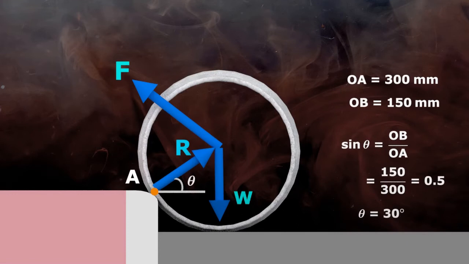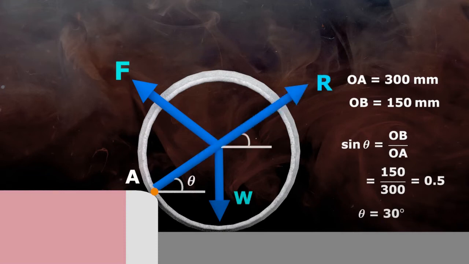So R makes 30 degree angle with horizontal. If we drag force R along its line of action, this angle will be theta too. So if R is placed in such a way that its tail is at center, it makes angle theta equals to 30 degree with x-axis.